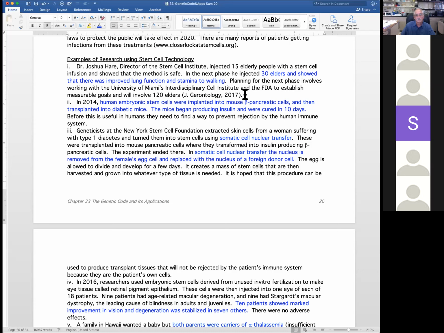It would make them younger again. Human embryonic stem cells were implanted into mouse beta pancreatic cells and then transplanted into diabetic mice. So the mice began producing insulin and were cured in 10 days.